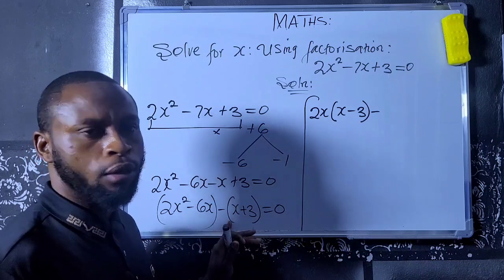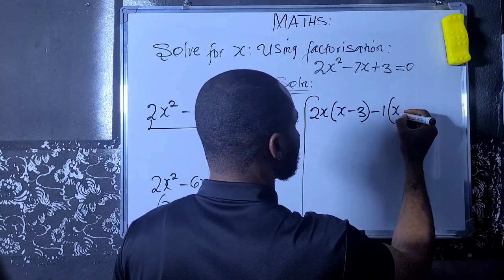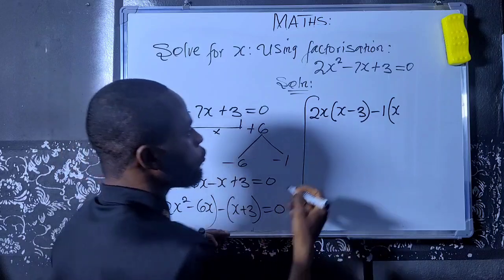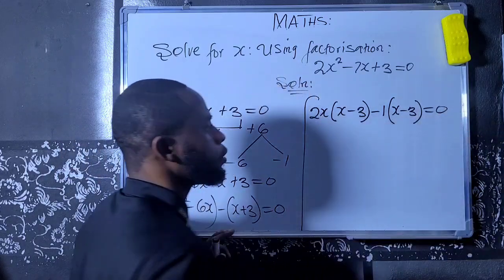Then I'm going to factor out 1. I'm going to have 1 into x plus 3 divided by minus 1, that gives me minus 3, and this equals 0.